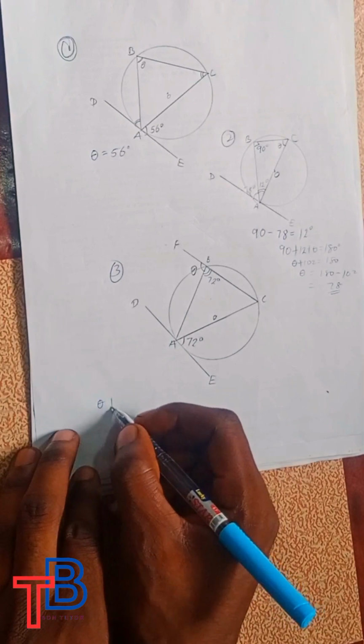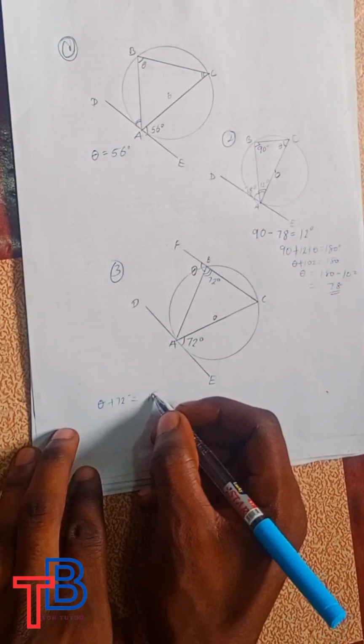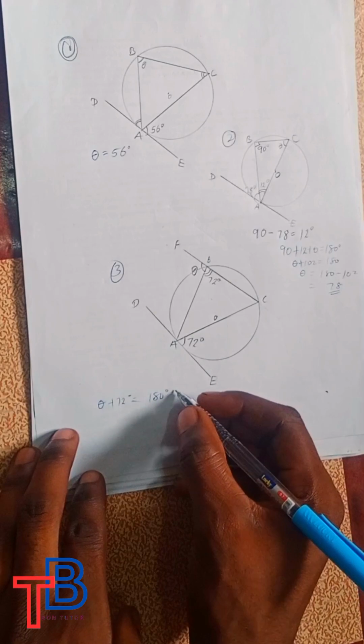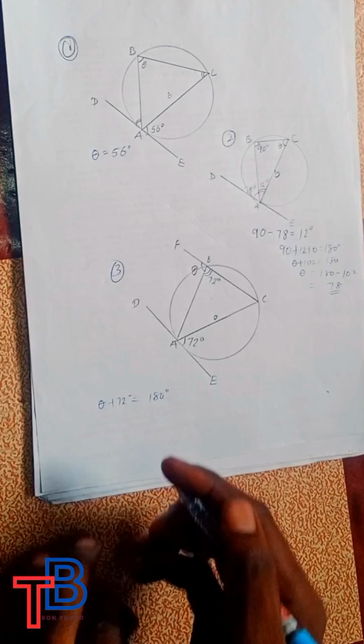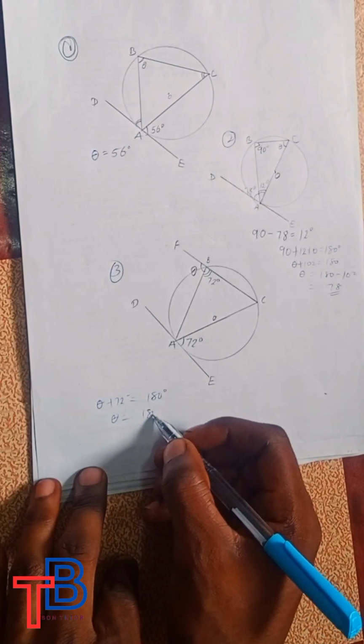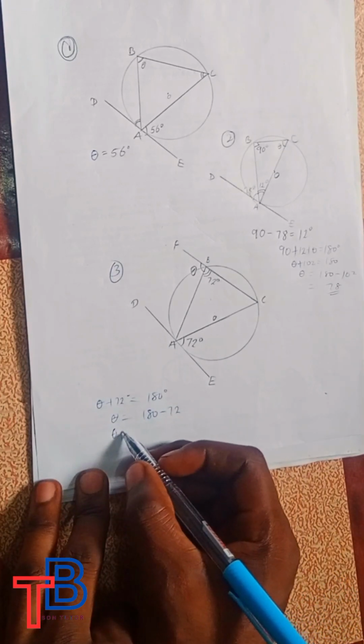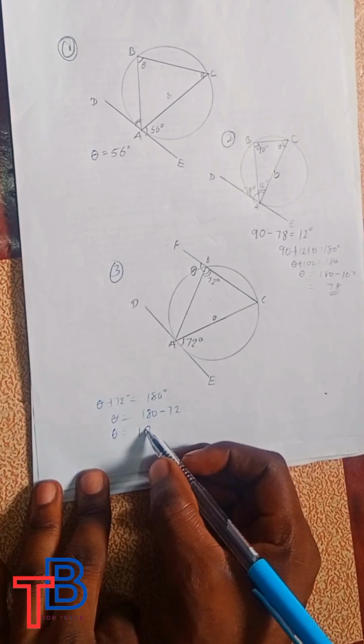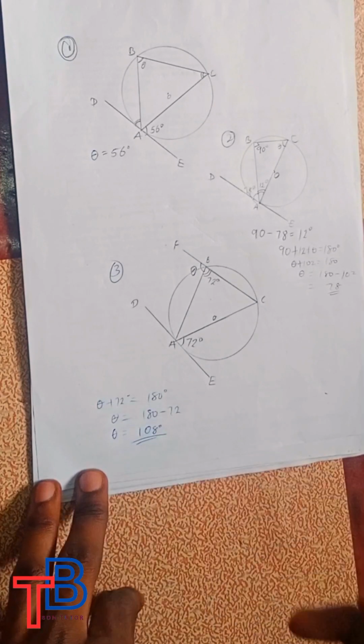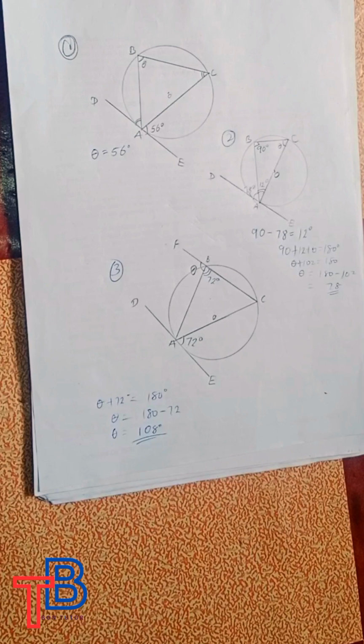Therefore, theta plus 72 degrees equals 180 degrees, angles on a straight line. Therefore, our theta will be 180 minus 72, which is 108. Our theta will be 108 degrees.